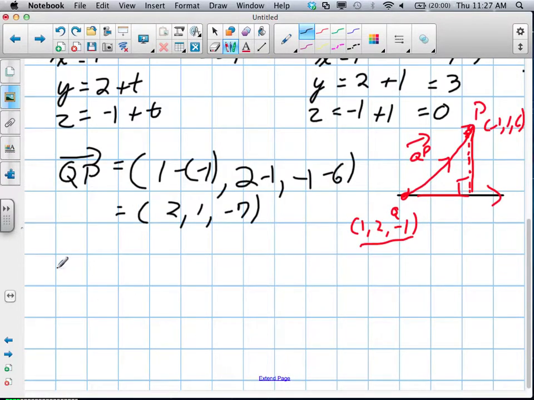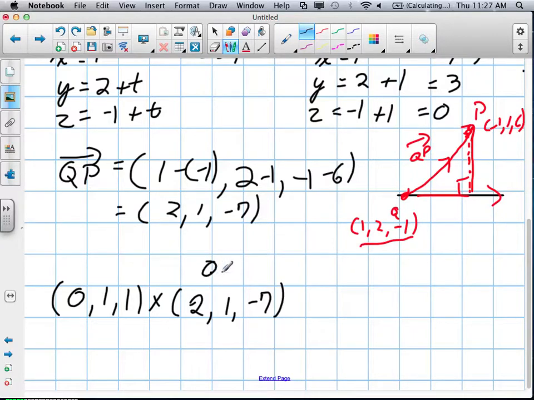Our direction vector, which was originally 0, 1, 1, and our new QP, which is 2, 1, and negative 7. Essentially this is our QP, and this is our M, you could say.